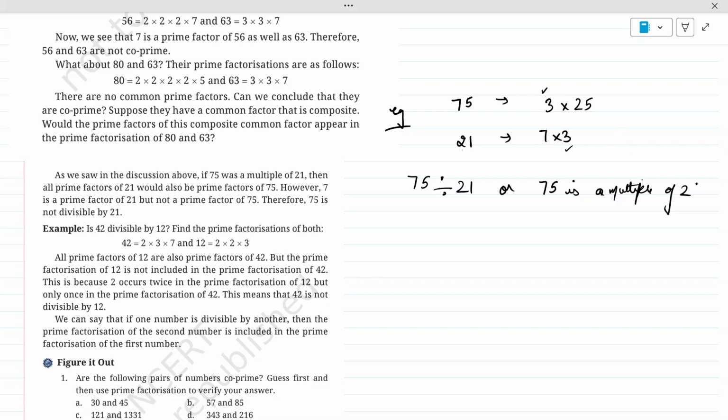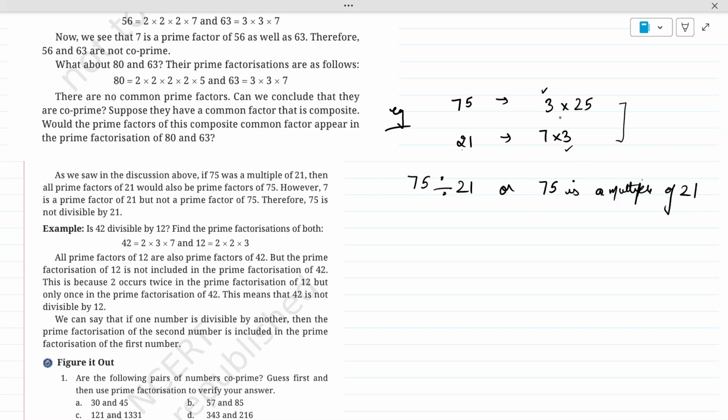Using this information which we have found, the factors of 75 and 21, can we infer that 21 is dividing 75 fully?